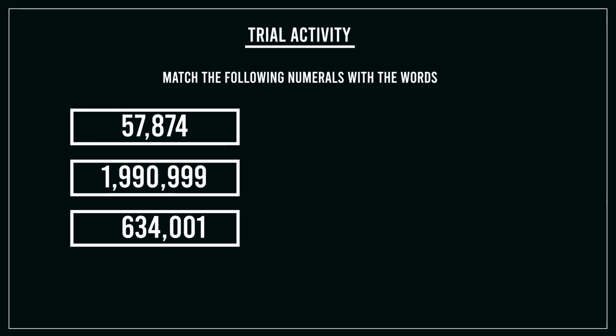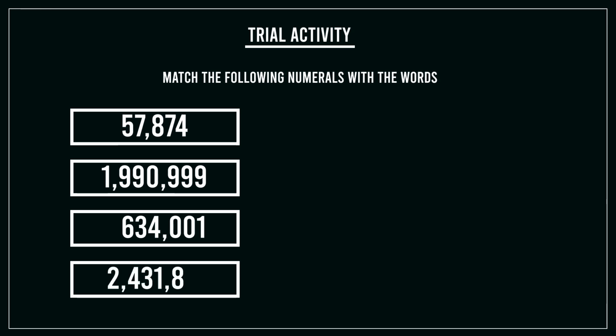The last number under column A, we have 2, 4, 3, 1, 8, 5, 1. That is column A, which has the numbers. Now we can go to column B, which has how these numbers are written in words.